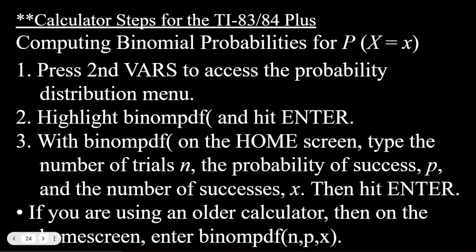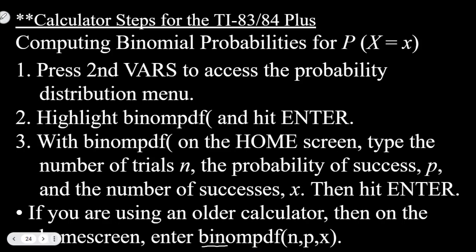If you're using an older calculator that has not been updated, then on the screen you'll actually see this, and you'll type in the n and put a comma, which is right above the 7. You'll put in your p value, and then a comma, and then your x value. So it'll look a little bit different, but on the app, it's going to look like what you're going to see here on the screen in just a minute.